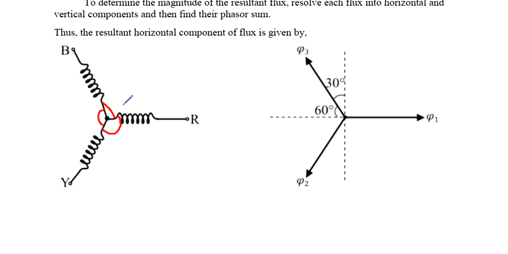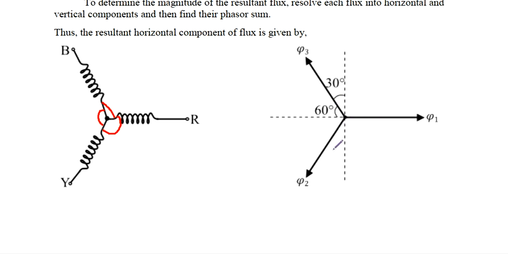As per this displacement, there will be sinusoidal flux along its own axis, right? So if phi 1 is the first phase, then phi 2 will be here, phi 3 will be here, right? They have 120 degrees separation in space.